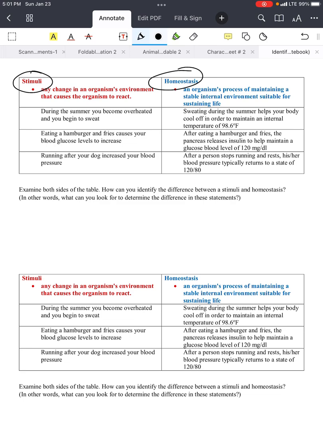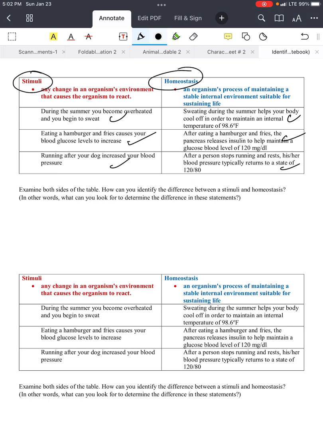So I gave you a definition there, and then some statements that would go with that definition. So, for example, if it's a stimuli, these statements would be examples of a stimulus and the reaction to that stimulus. And homeostasis, these are statements that would tell us that we're dealing with an internal environment that has to stay stable inside our body.